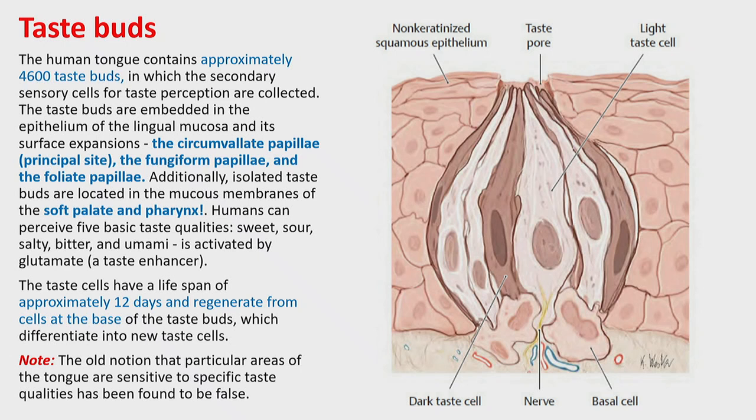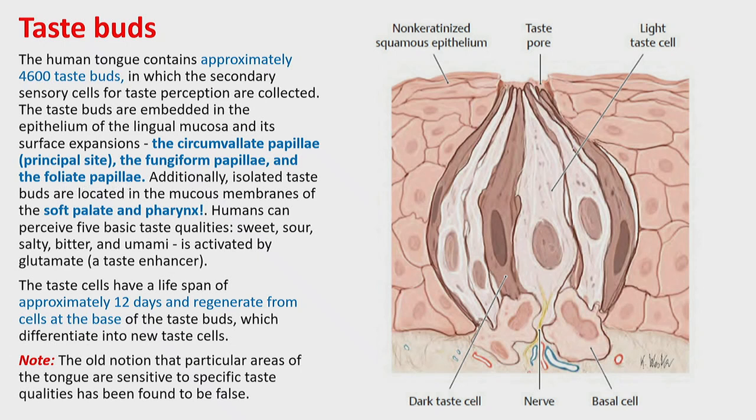Now the details of these taste buds. Approximately we have 4,600 taste buds, and the structure looks like this. As we mentioned, the taste bud is embedded inside the epithelium of the lingual mucosa of the circumvallate, fungiform, and foliate papillae, not filiform.